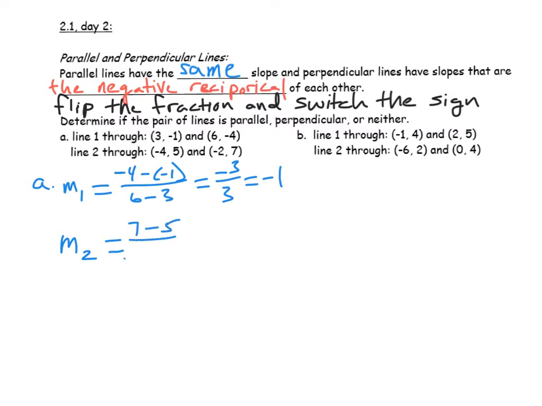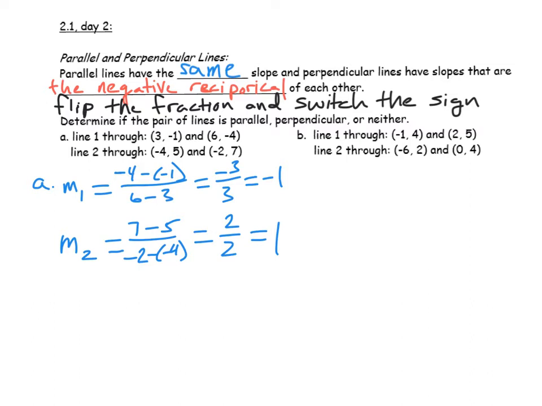Here's the slope of the second line, which would be 2/2, which is 1, okay? Now, right off the bat, I'm ruling out parallel, okay? These slopes aren't the same. This one is a little bit tricky to see. It's the one case with perpendicular.